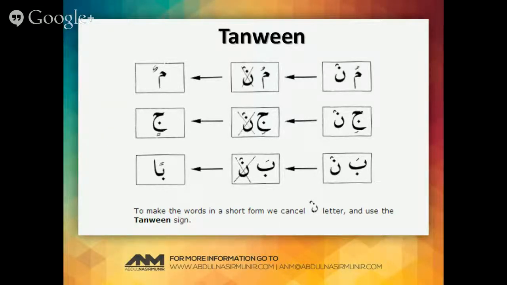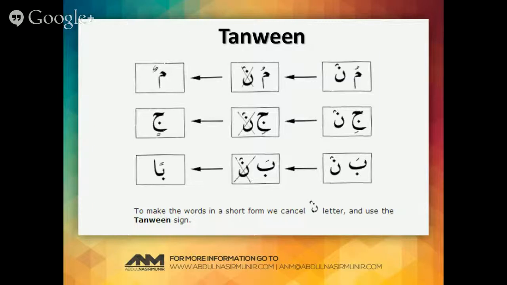Then on the second row we have jim, kasra, noon, jin. In the second column the noon has been cut off and replaced with another kasra, and we write it as jim, kasratain, jin, which is the leftmost column.